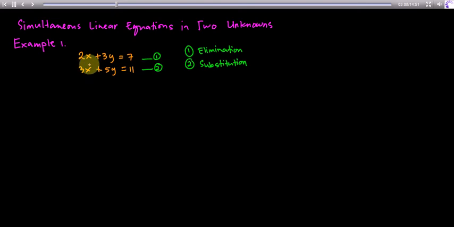So we need to find a way to make this work. Say we're thinking about 3x and 2x, we want to eliminate these two. So all we need to do is make them exactly the same.